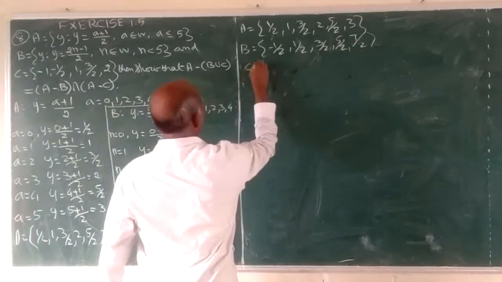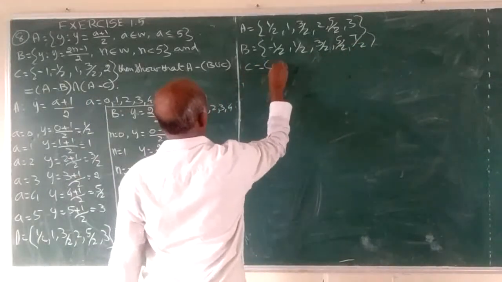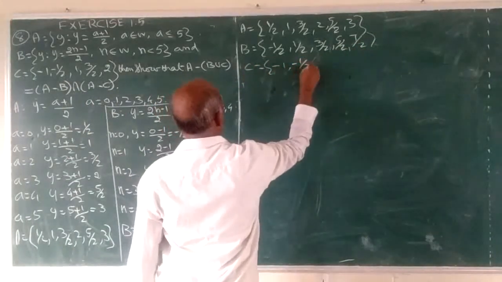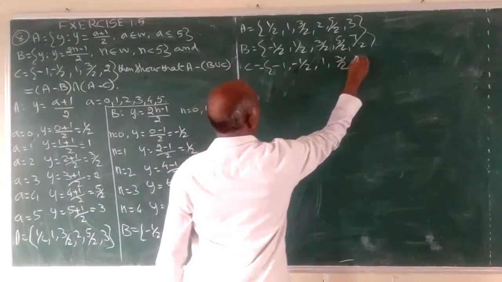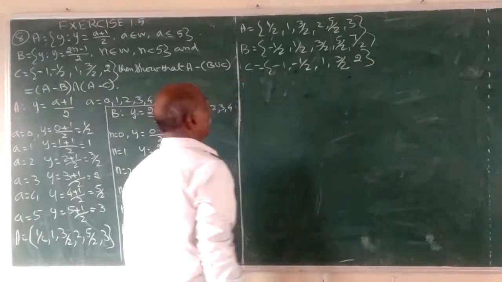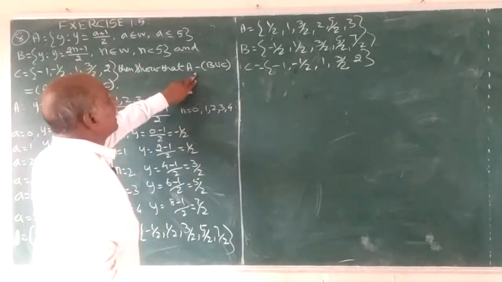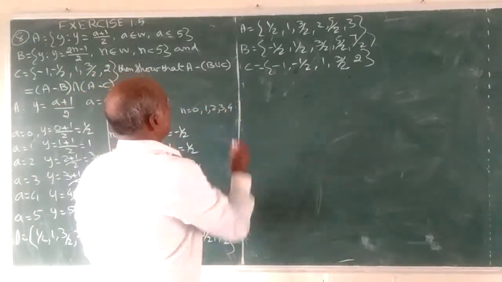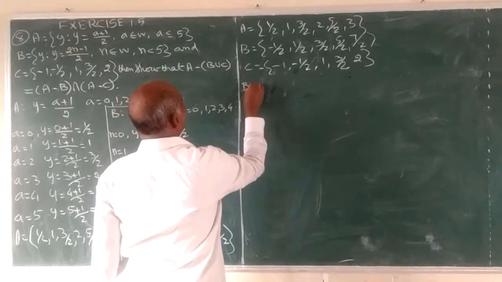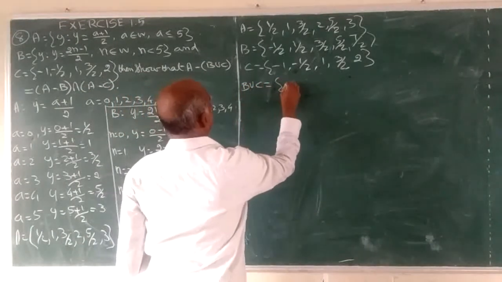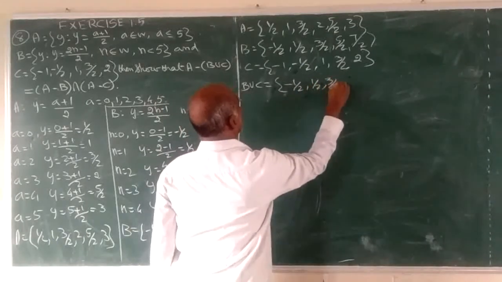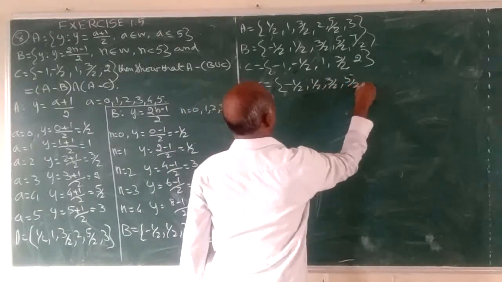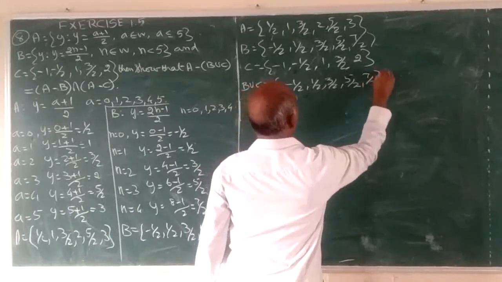What is the set C given? Minus 1, minus 1 by 2, 1, 3 by 2 and 2. These are the sets A, B, C. Now to find A difference B union C, first we find B union C. Write B: minus 1 by 2, 1 by 2, 3 by 2, 5 by 2 and 7 by 2.